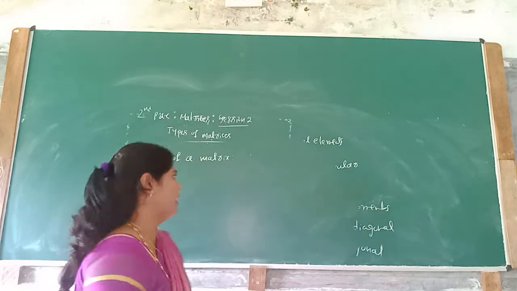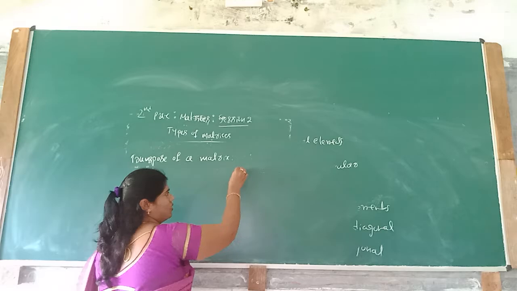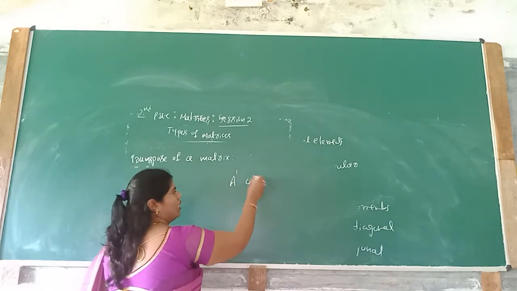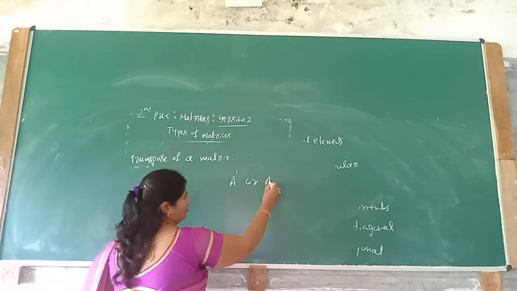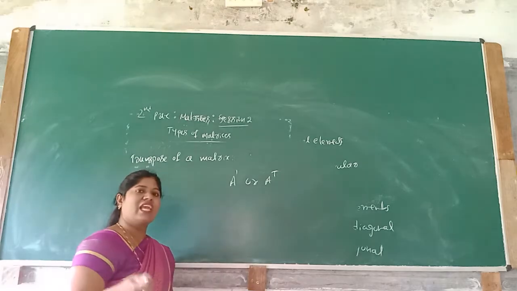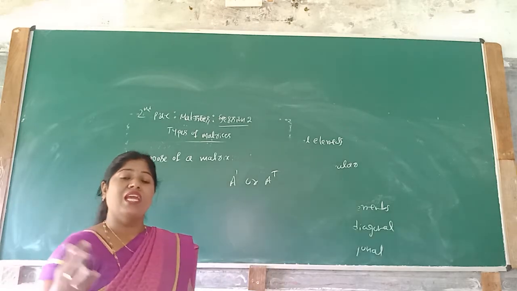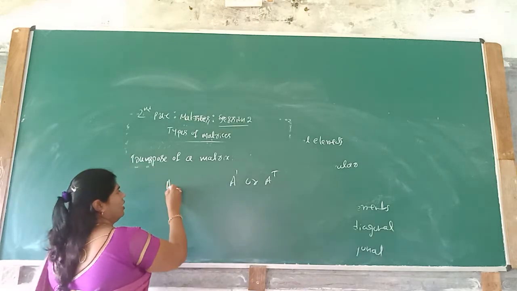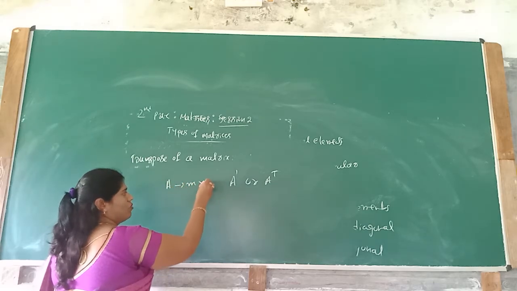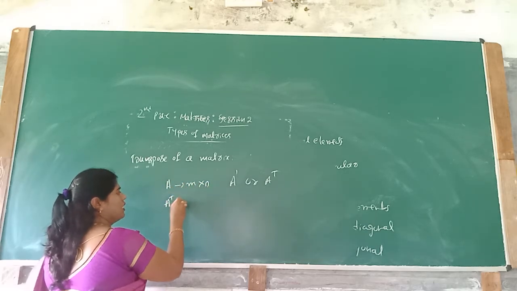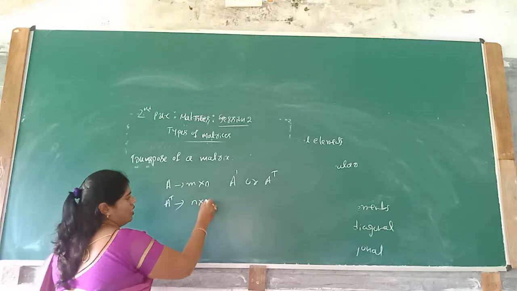It is denoted by A dash or A complement also we say. A is a matrix of order m cross n, and A complement is a matrix of order n cross m.